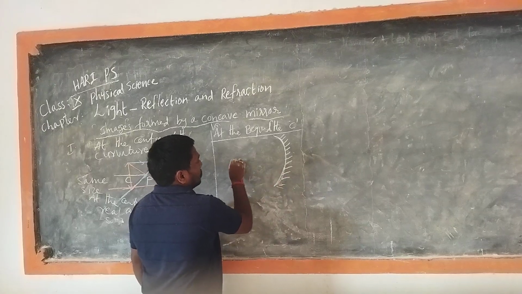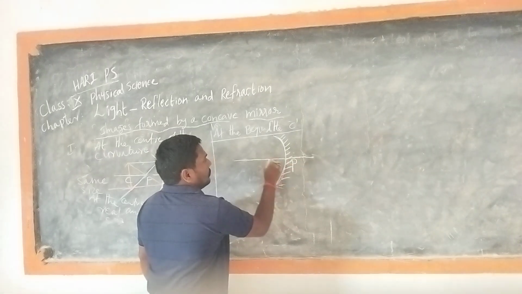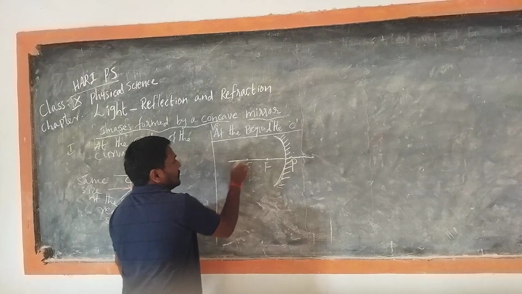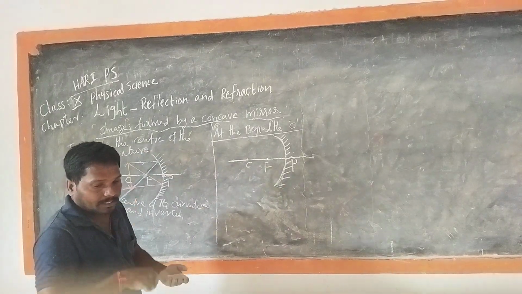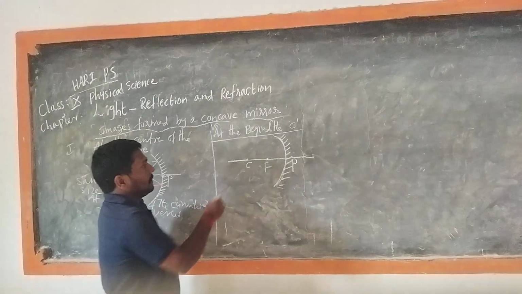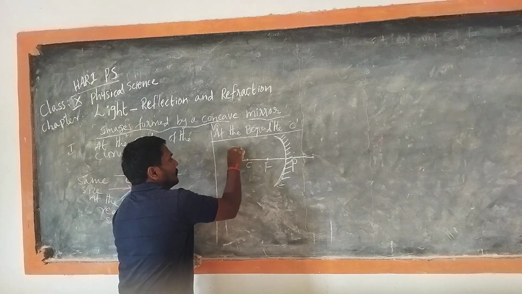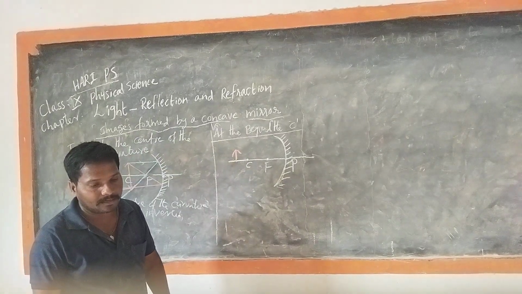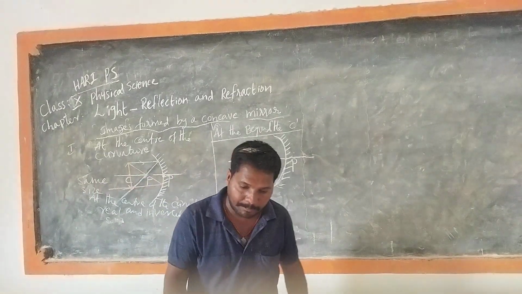Concave mirror, principal axis, pole, focus, center of curvature. What will happen? Let's see. Observe where the image is obtained.